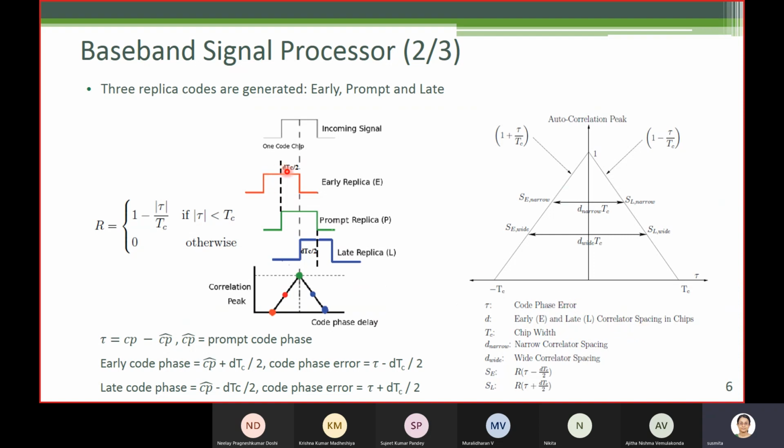A typical value of D is 1. That's why I have shown the midpoints this way. When D is less than 1, we call it narrow spacing. Here it is shown D is less than 1. When D is more than 1, we have wide spacing. Narrow spacing and wide spacing.